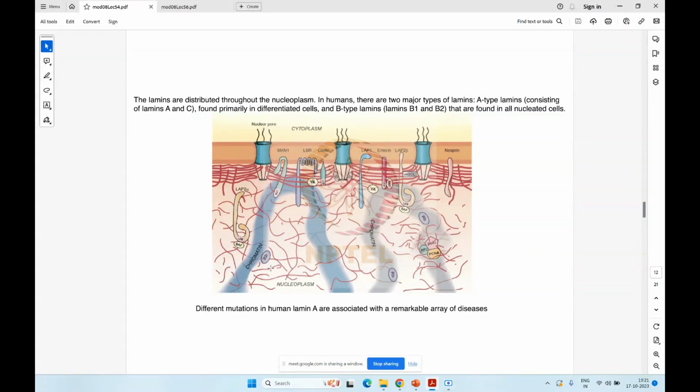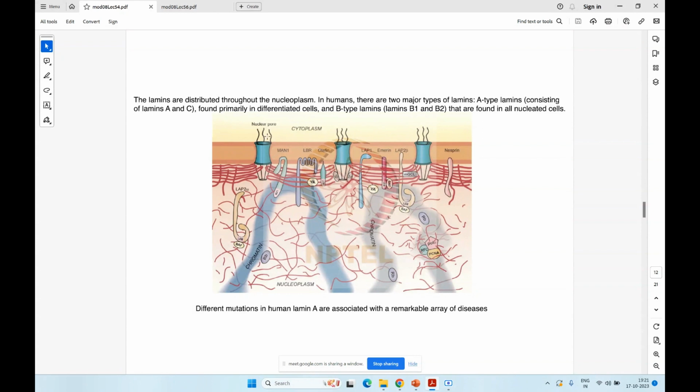There are different kinds of lamins found throughout the nucleoplasm. In humans, two major kinds of lamins: A type, which is lamin A and C, and B type, lamin B1 and B2.